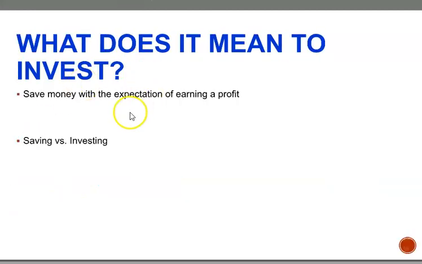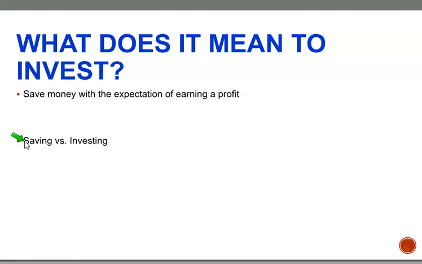All right, let's go ahead and begin. What does it mean to invest? You are saving money with the expectation of earning a profit. There is a small difference between saving and investing. We talked about savings, and as soon as you get a job, you want to start having an area in your budget for savings.